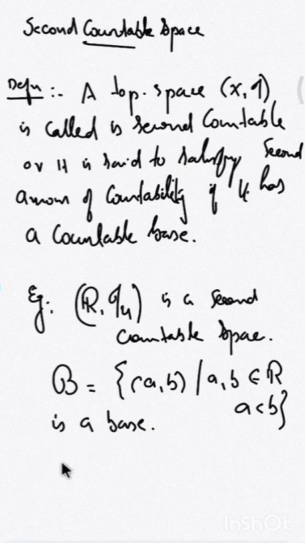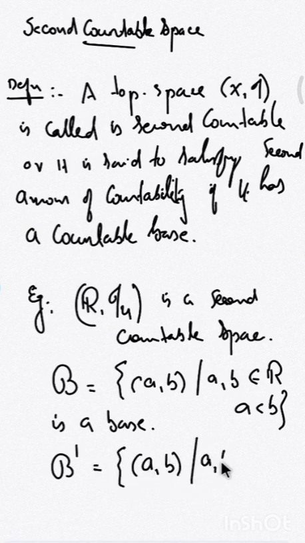Now I consider another collection ℬ' which is the collection of open intervals (a, b) such that a, b vary over the rationals Q, a less than b. By the same steps of proof, we can prove that ℬ' is also a base for this topology. Moreover, ℬ' has an extra property: the left and right endpoints of the intervals vary over the rationals.